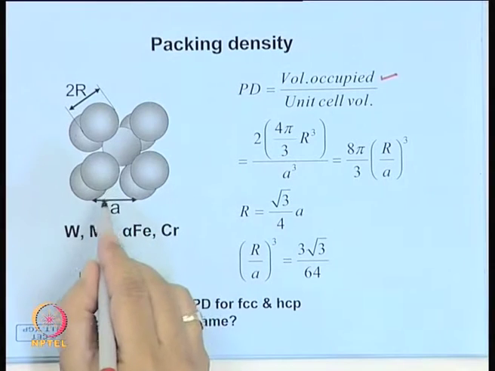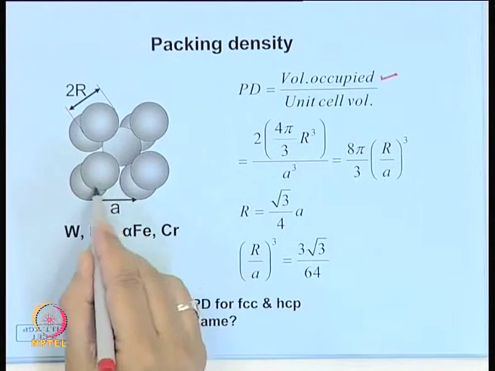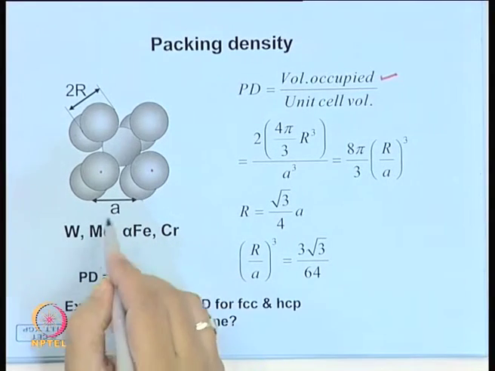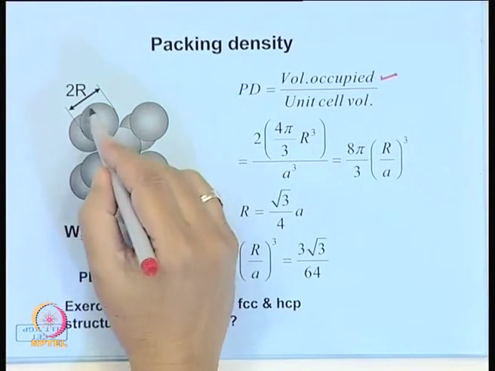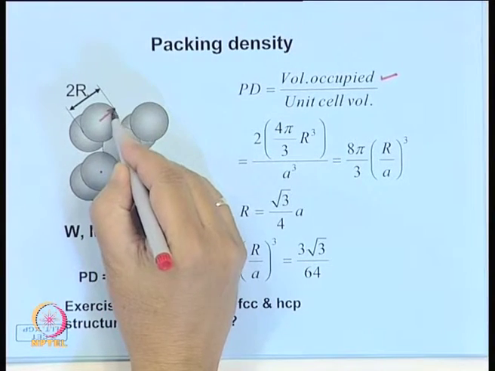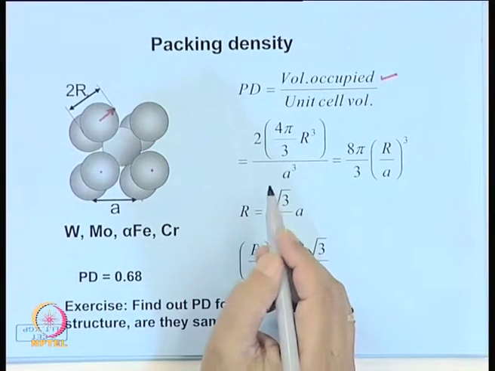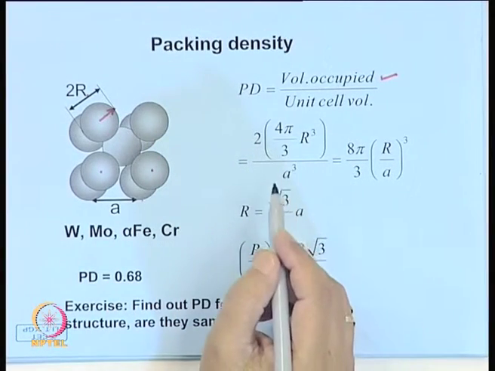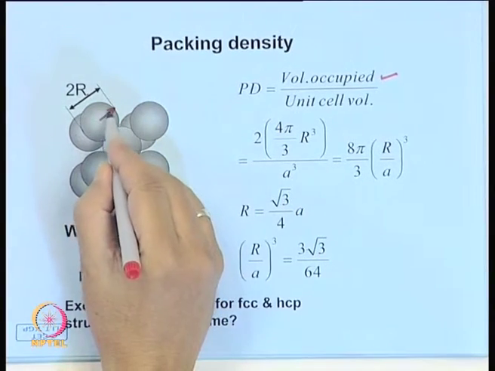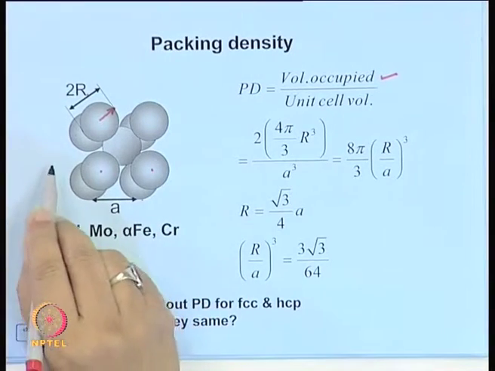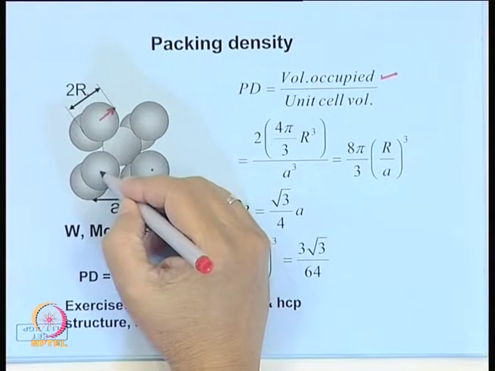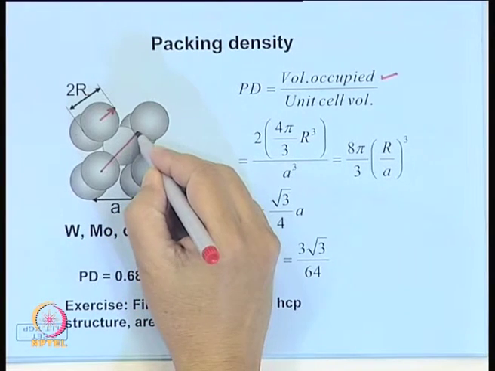So, like here in BCC, the distance between the two atoms, center of this and center of this, is equal to A. And let us assume that R is the radius of this atom. Then it is possible to find out a relationship between R and the lattice parameter, because the atoms touch each other along the diagonal directions.